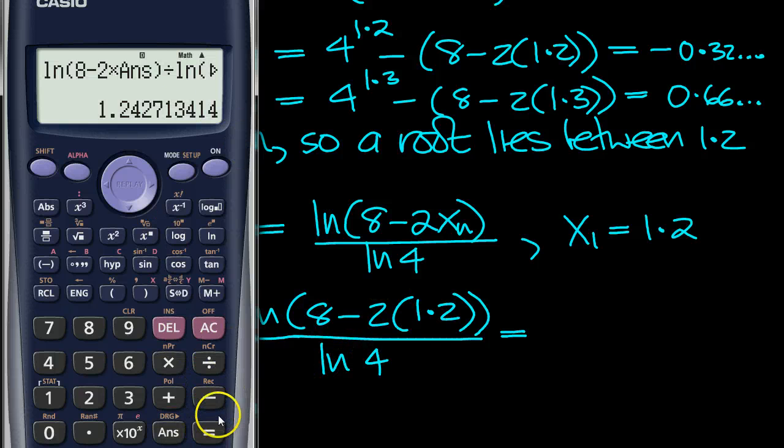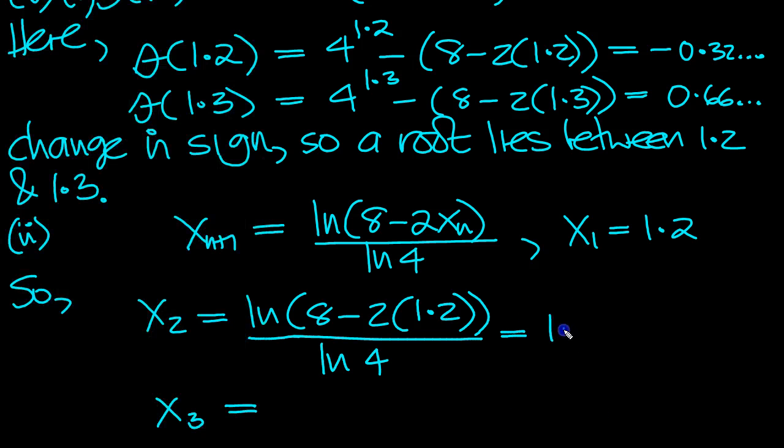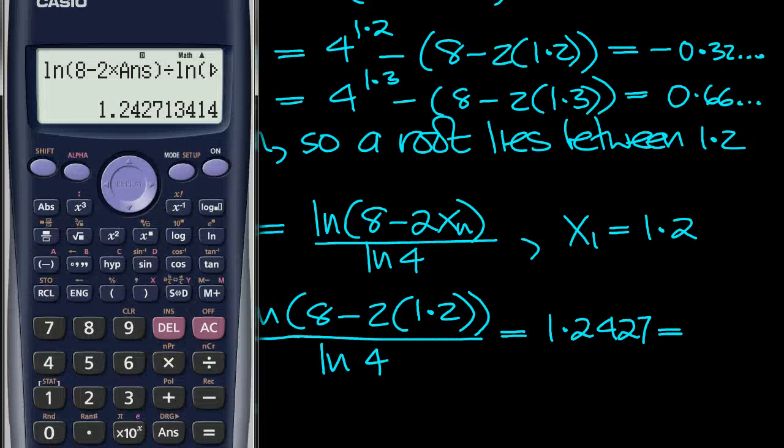So when I press equals, I'll get the first answer, 1.2427. And then for x3, just press equals again, and the answer will be fed into the formula: 1.2316.